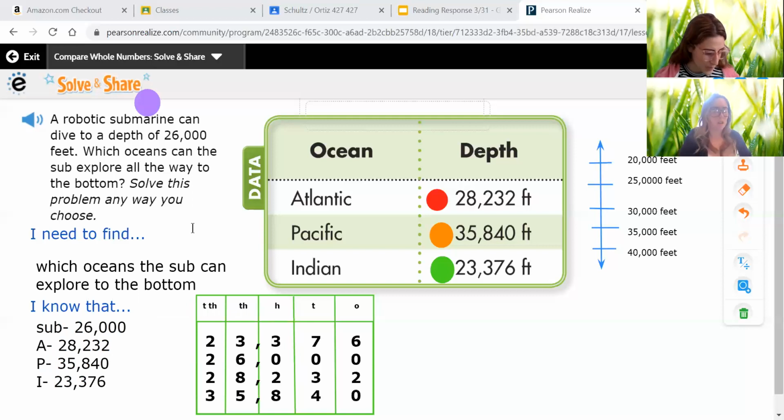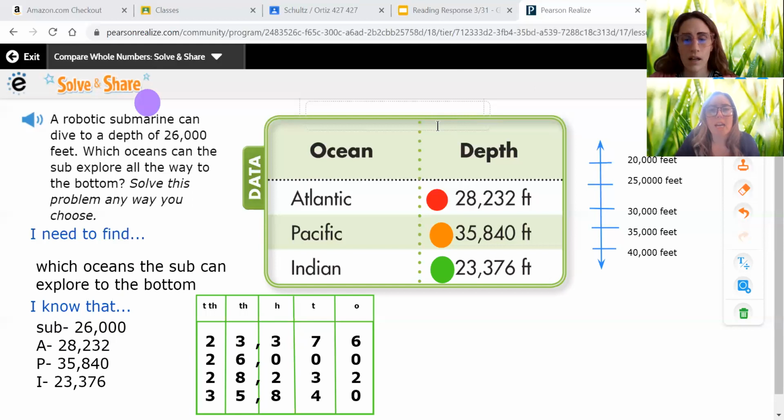Great. I see we could solve this problem using two different ways, a place value chart or a number line. What should we start with? We can solve it using the number line first. Let's try the number line. So I see that you created a number line on the right, Ms. Ortiz. Yes.